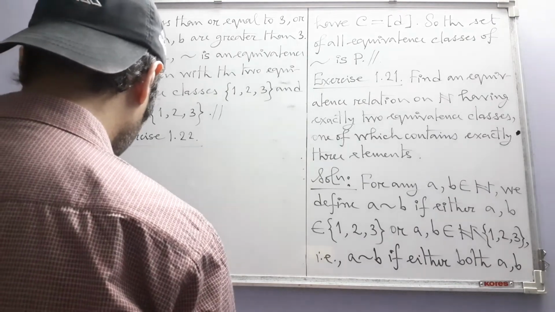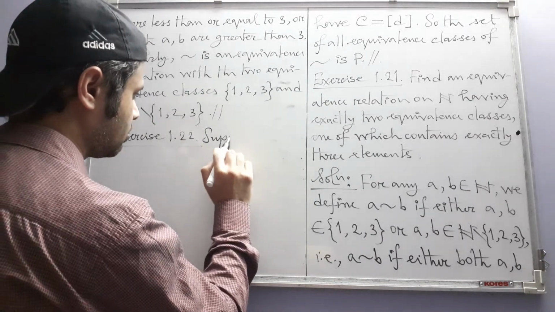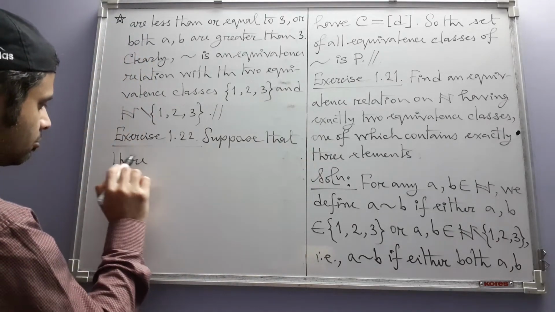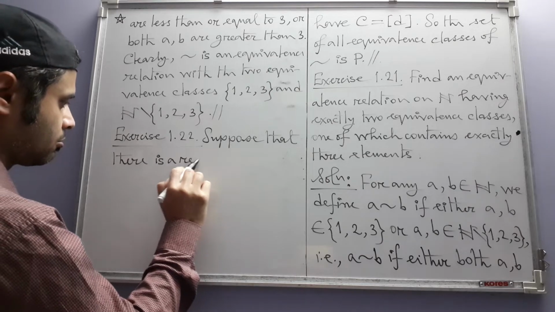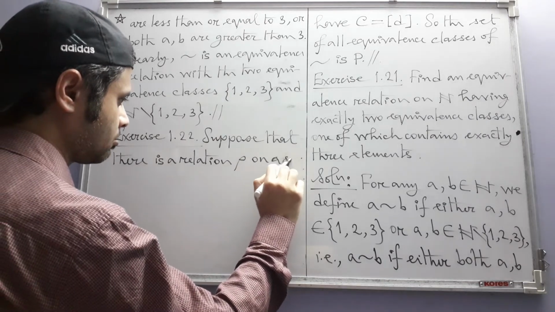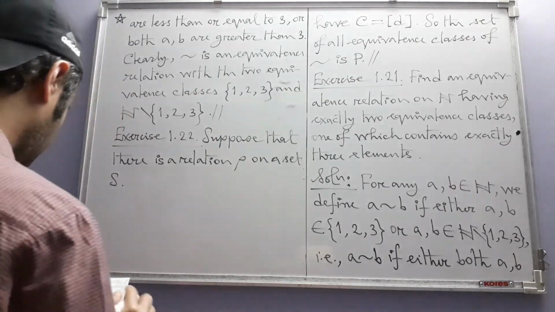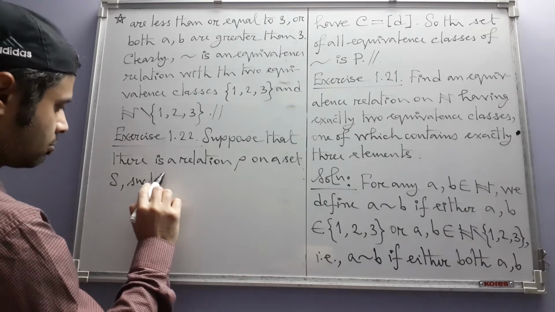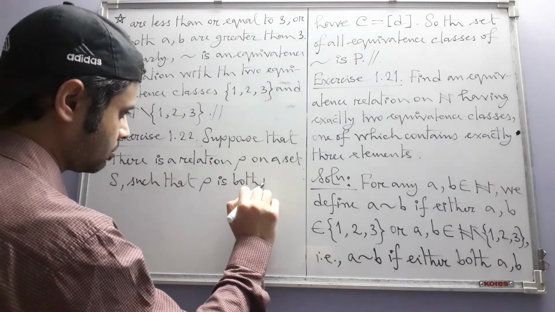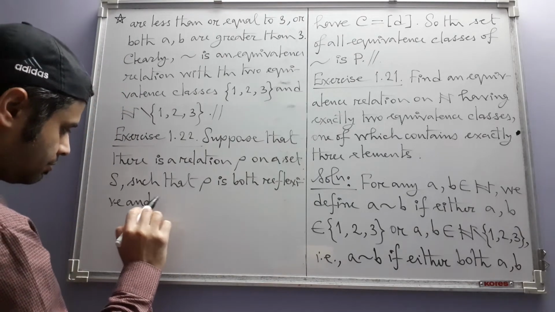Suppose there is a relation rho on a set S such that rho is both reflexive and transitive.